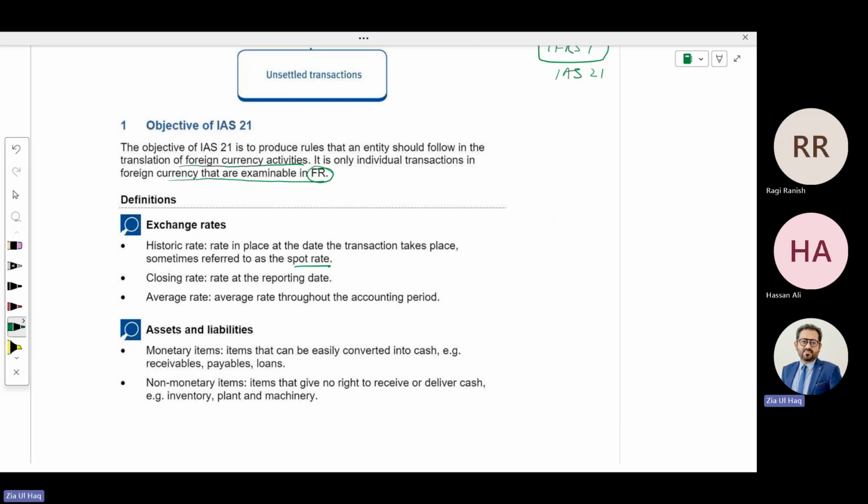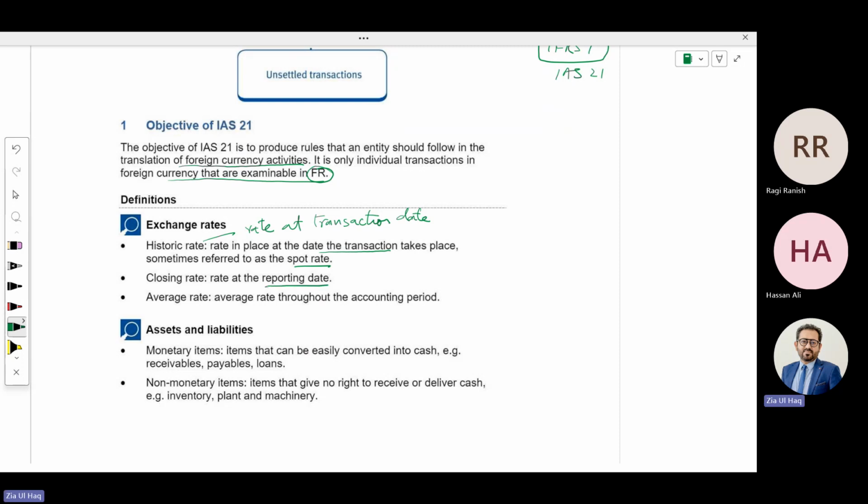That is called historic rate, the rate at the transaction date. Historic rate is the rate in place at the date the transaction takes place, sometimes referred to as spot rate.